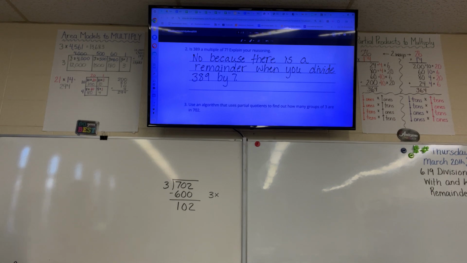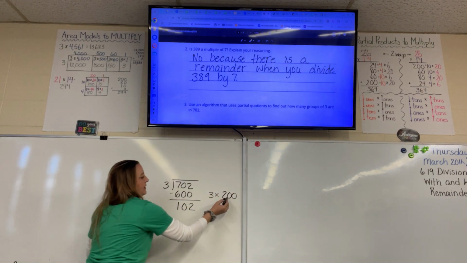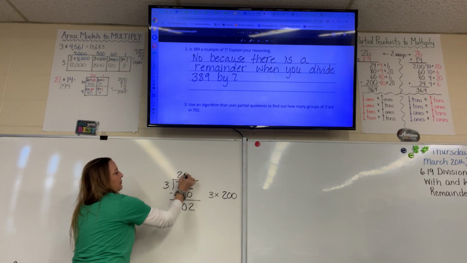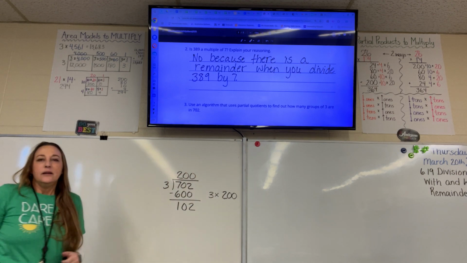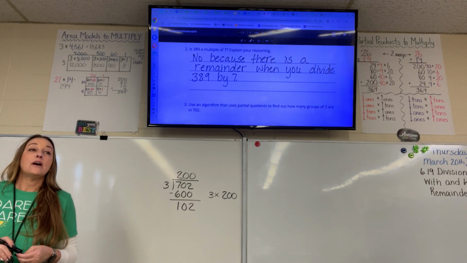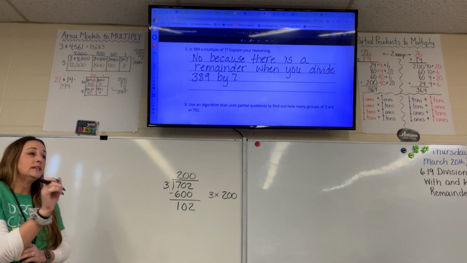200. Yes. And so that 200 is our part of our quotient, a partial quotient, so we write it up top. Okay, what do you want to subtract from 102 that is a multiple of 3, Colton?